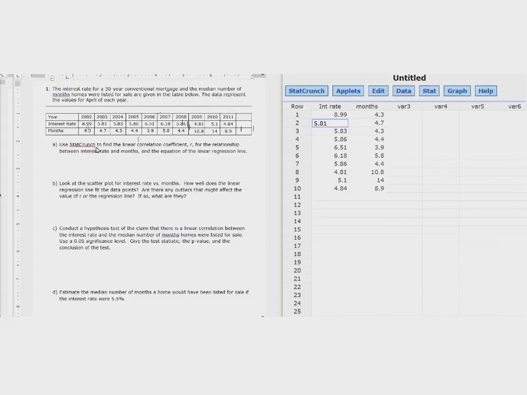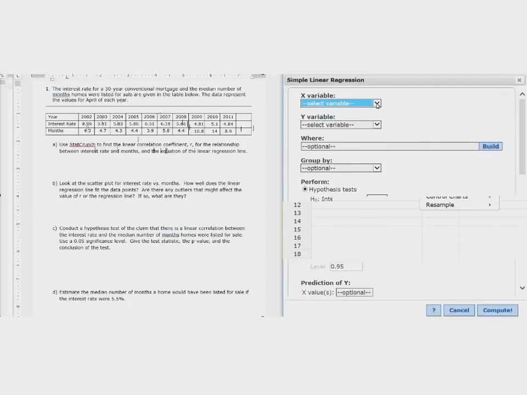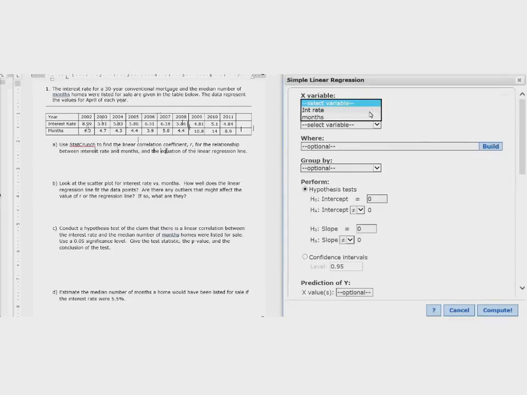So in this first part, where it asks you to find the linear correlation coefficient, what we're going to do in StatCrunch is do the linear regression procedure, and that will give us the correlation coefficient. So I'm going down to regression, simple linear, and then for my X, I'm going to put in interest rate, and for my Y, I'm going to put in months.